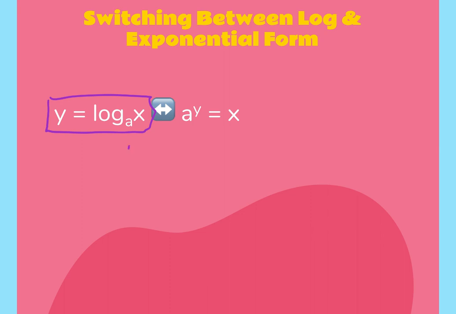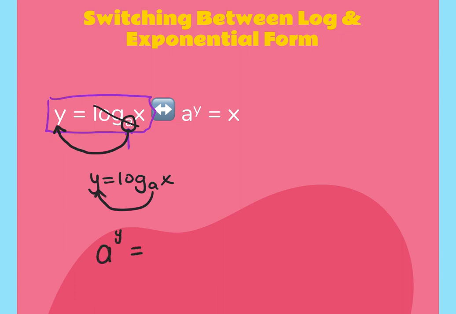Base is the little number, the subscript number. When you convert it, the little number or the base on the log comes over to the other side of the equal sign. It picks up that as its exponent, and then the log drops off, leaving what's left. So if it's y equals log base a of x, the a picks up the y, it becomes a to the y, equals, the log is now gone, and what's left is the x.